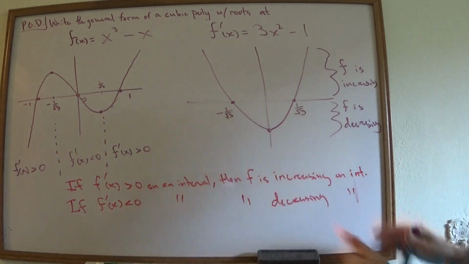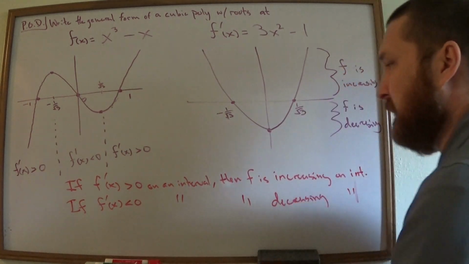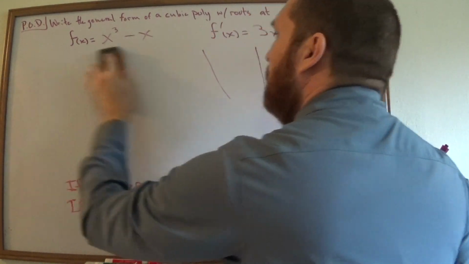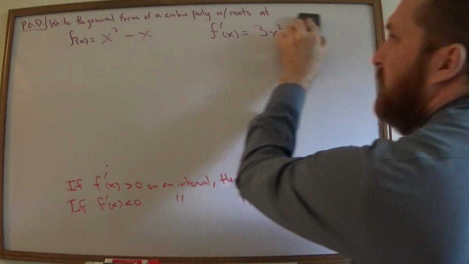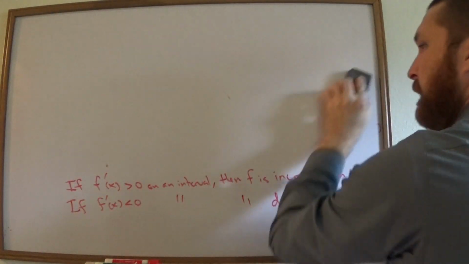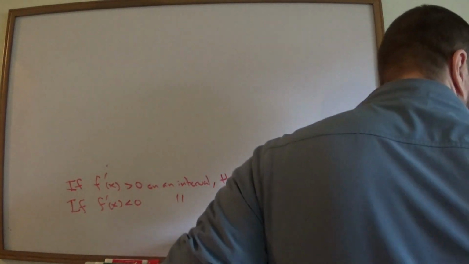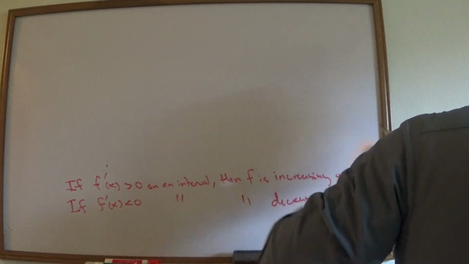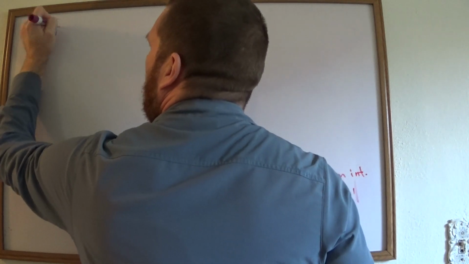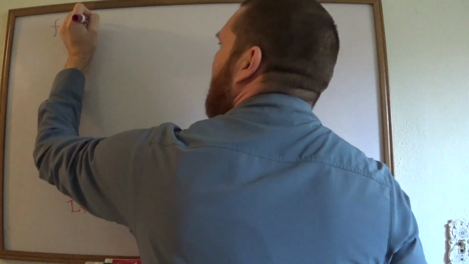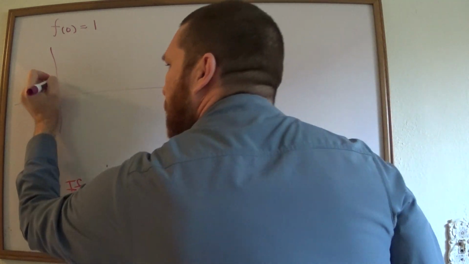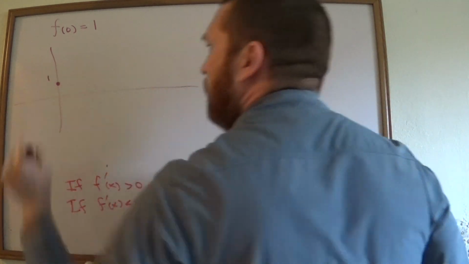Now, to drive this point home, let's do this. Forget about this f. Let's say that we have some function, and what we know about it is that at 0, the output's 1, so it goes through right here, 1.